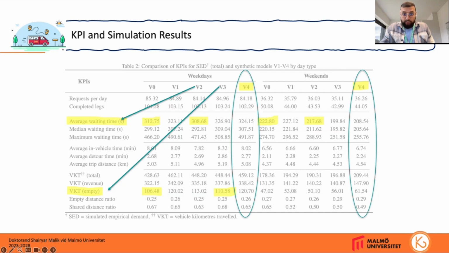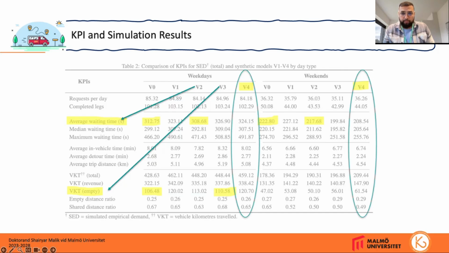And finally, when we look across all the indicators, including shared distance and total VKTs, V4 gives the most balanced performance between passengers and operators, because it includes all the behavioral components we have discussed, the triangle, you remember: the chaining, the timing, the OD memory.